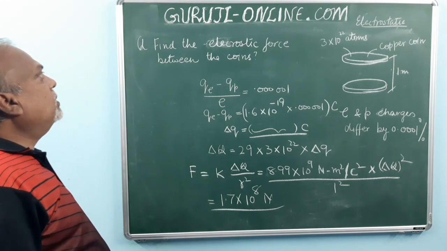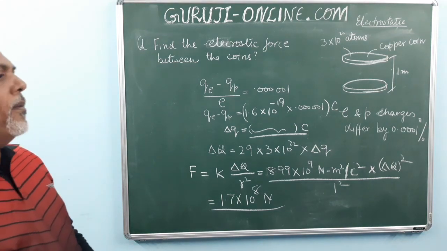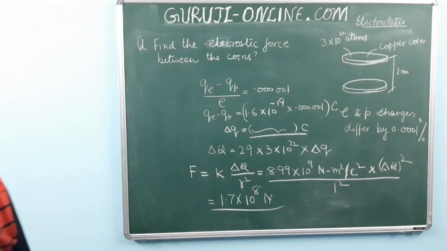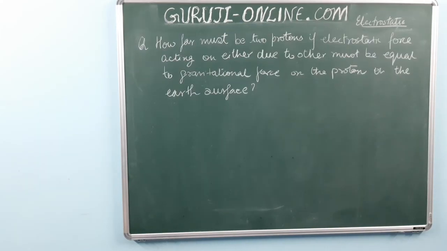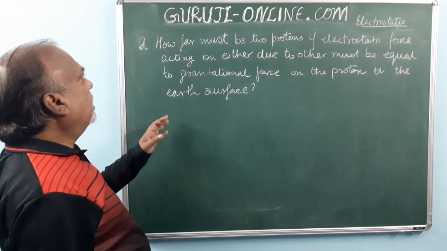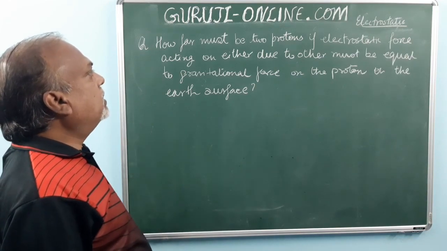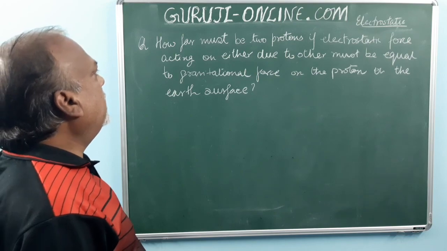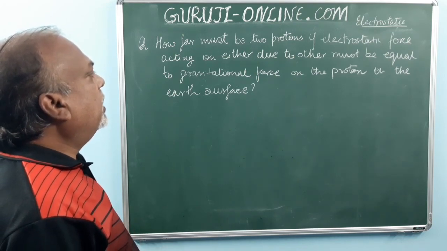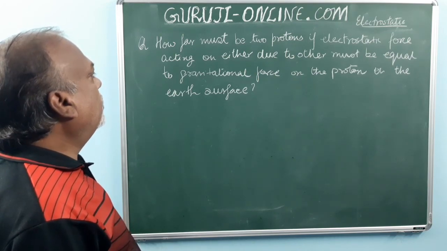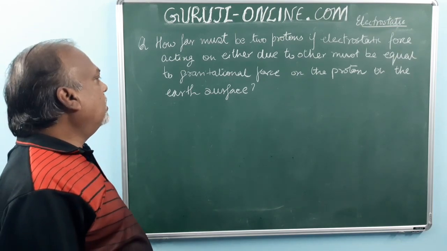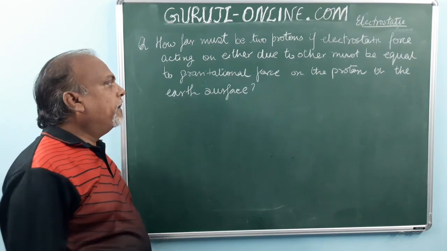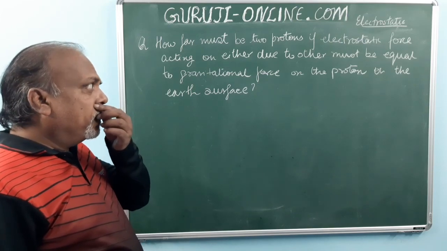So now let us go to the next question. Let us see this question. This question says, how far must be two protons if electrostatic force acting on either due to the other must be equal to gravitational force on the proton on the Earth surface.